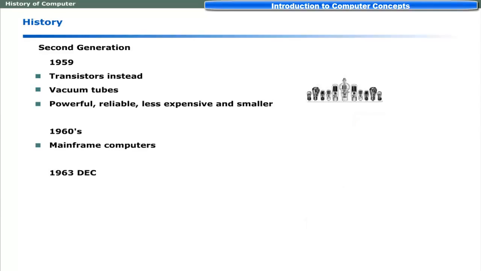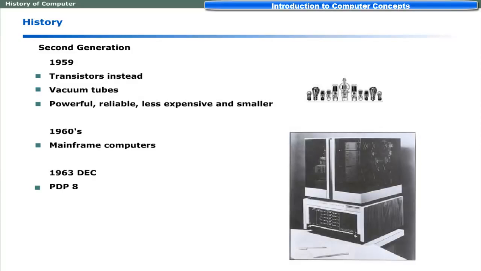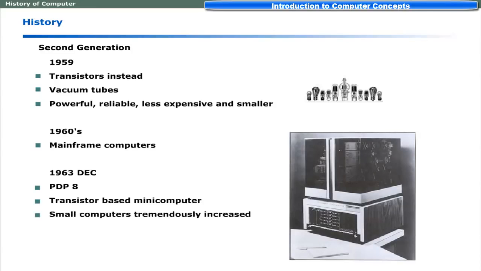In 1963, DEC introduced PDP-8. It was a transistor-based minicomputer. The demand for small computers tremendously increased for business and scientific applications, and by 1970, a number of firms were manufacturing computers.